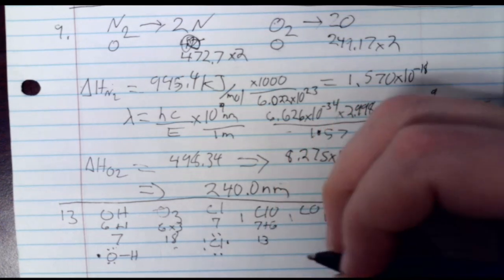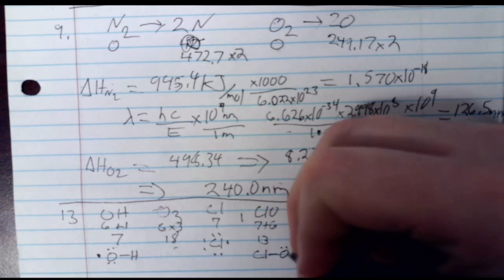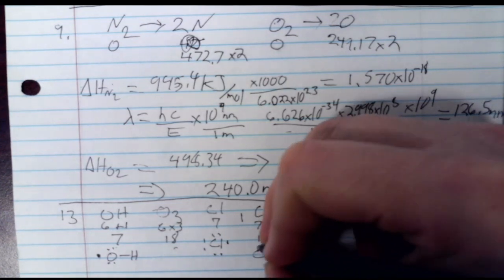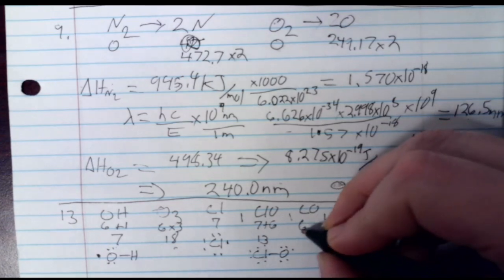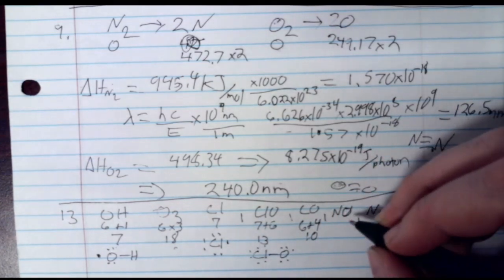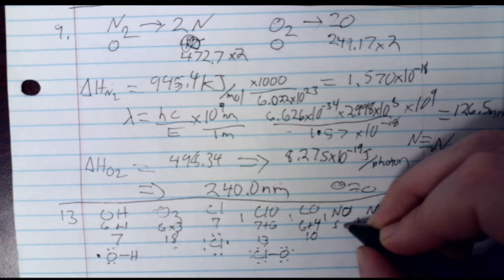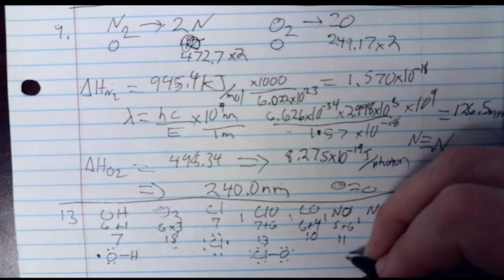That's going to be a radical. CO, 6 plus 4, or 10, it's going to be no radical. Nitrogen, 5 plus 6, it's got to be a radical, with 11.